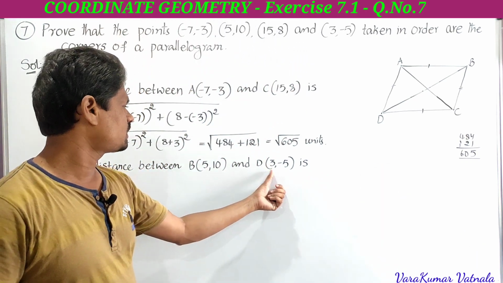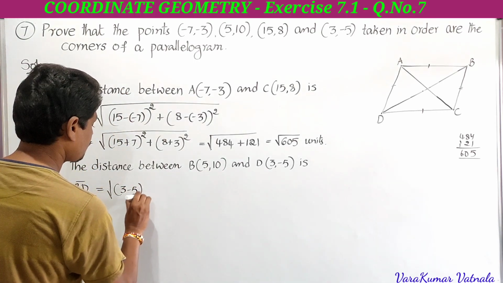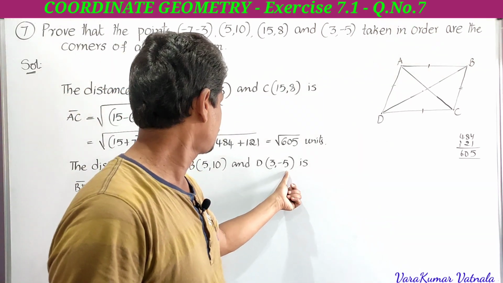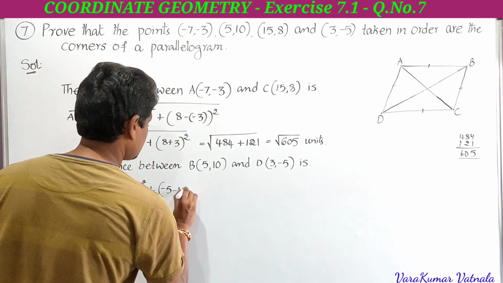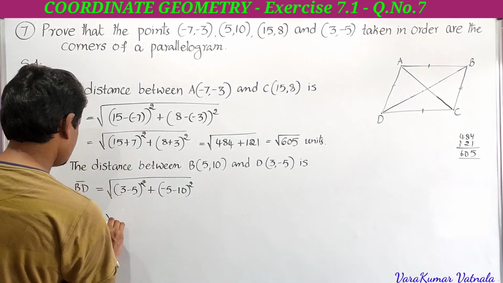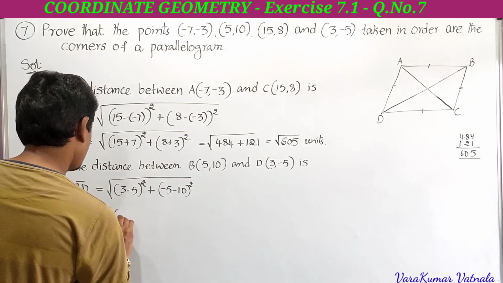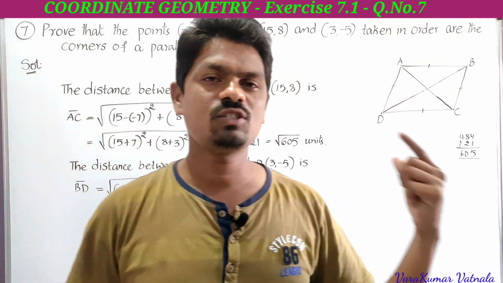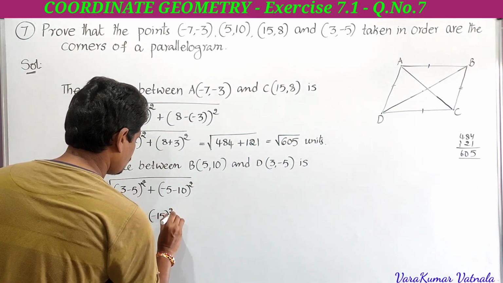Here x2 is 3, x1 is 5, so 3 minus 5 whole square, plus y2 is minus 5, y1 is 10, that is minus 5 minus 10 whole square. Simplifying, 3 minus 5 is minus 2, minus 2 whole square, plus minus 5 minus 10 is minus 15, minus 15 whole square.